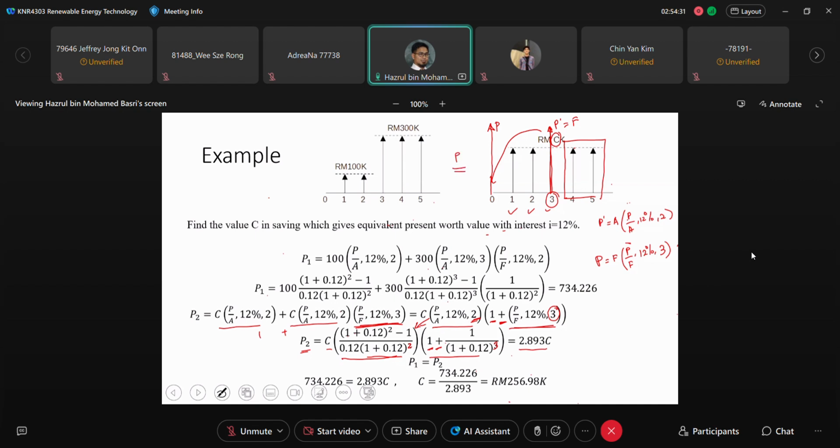So we have present value for project 1, present value for project 2. So what we need to do next is this value is equivalent to this value. So this is very simple maths. We have C equal to 256.98 thousand ringgit. This is what this project manager needs to achieve in order to have equivalent present worth value.